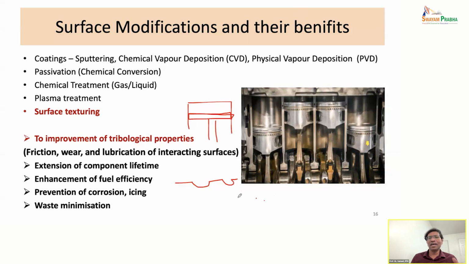Nowadays we have atomizers; I have not shown you that picture. Whenever you are trying to push the fuel into the cylinder chamber, the fuel comes out through micro holes, small holes. Then it gets atomized, which means it becomes like spherical particles.